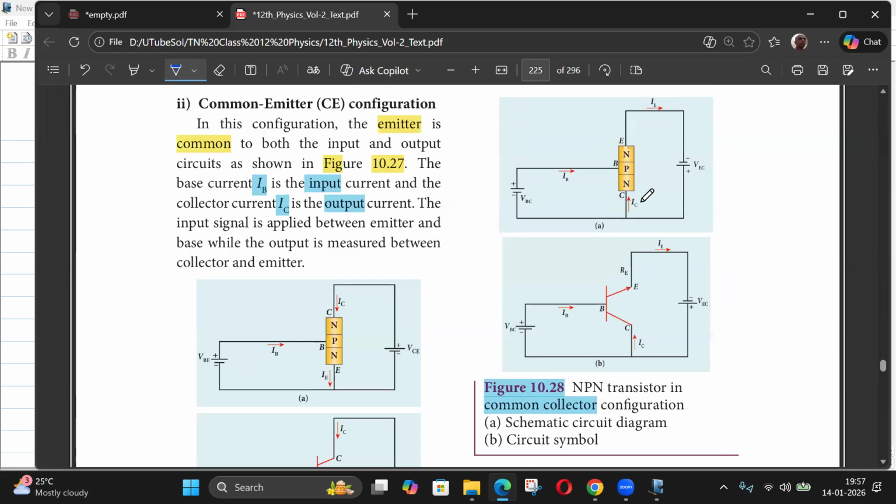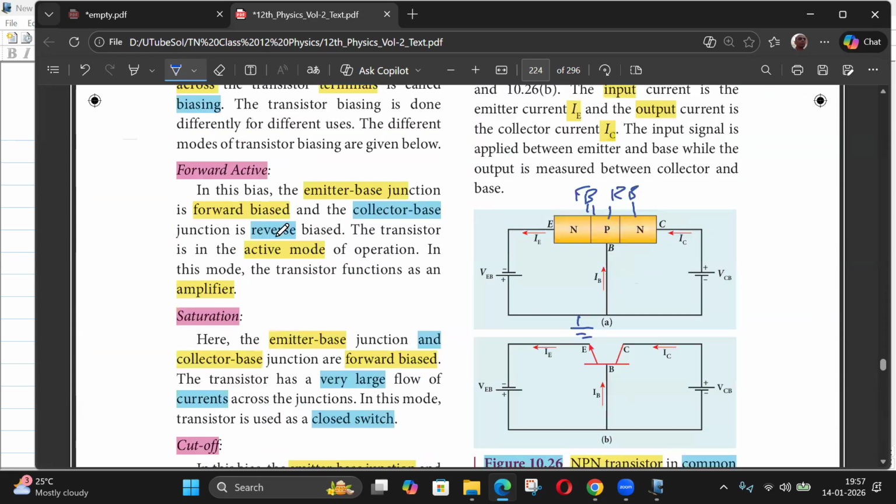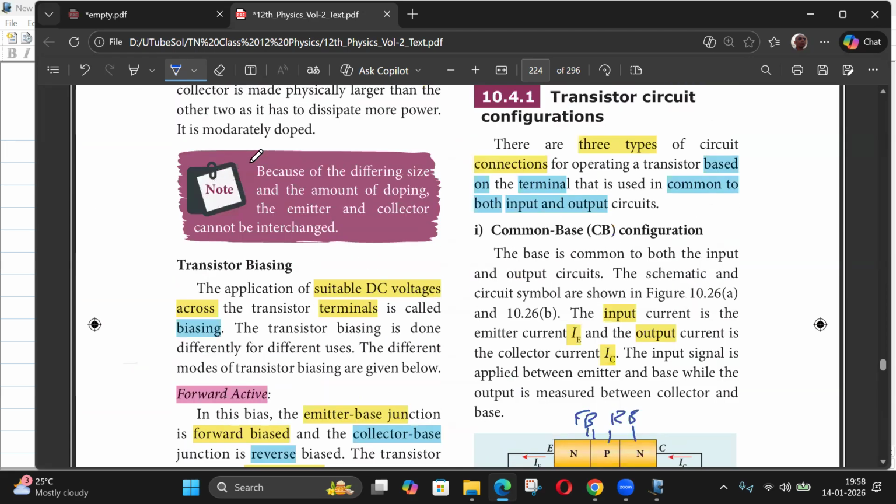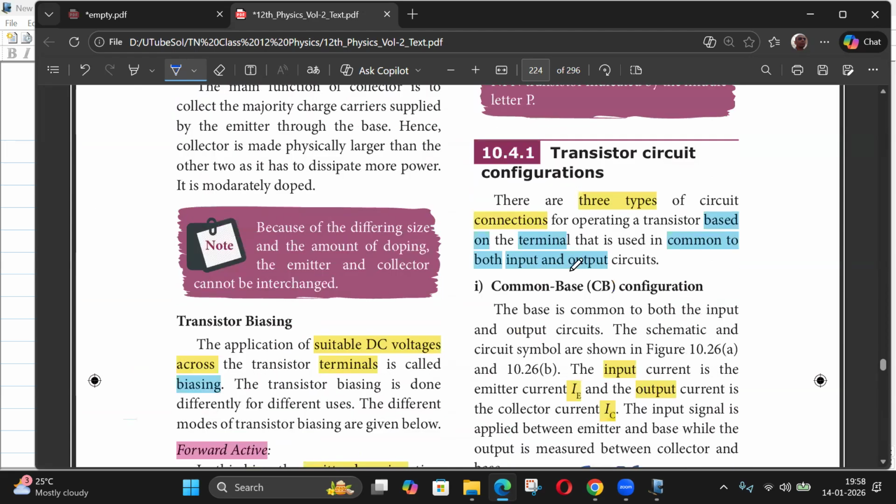What they have shown is an NPN transistor. First they have studied the common base configuration in detail.